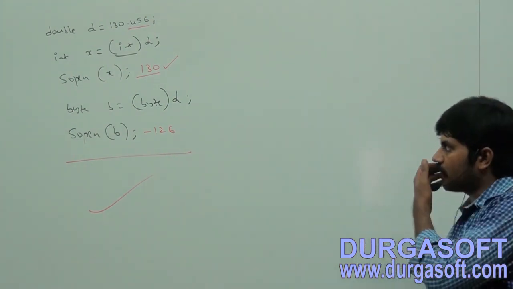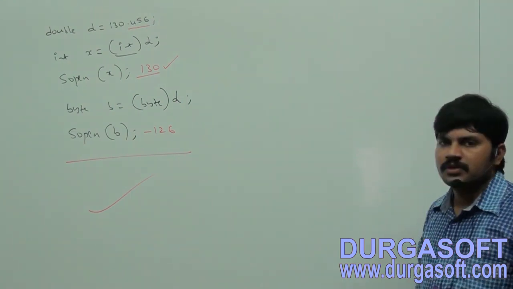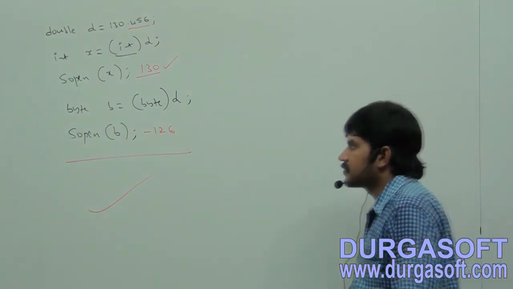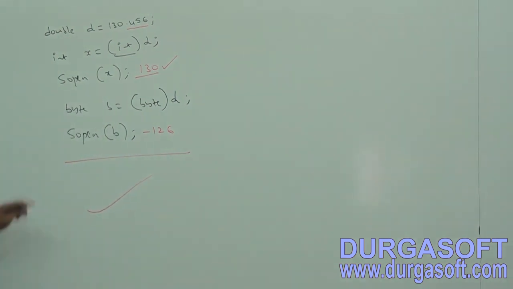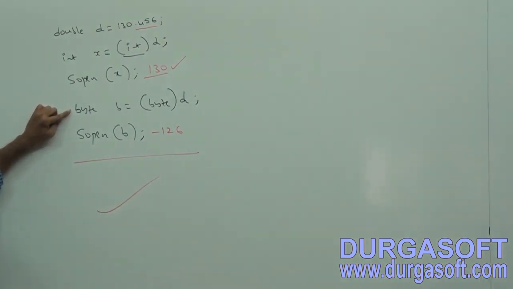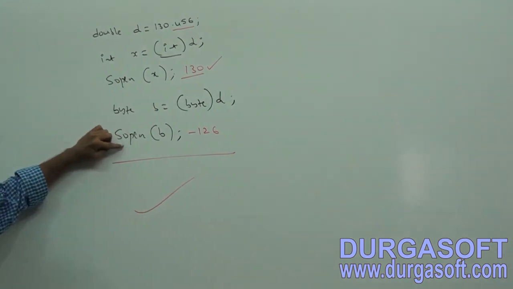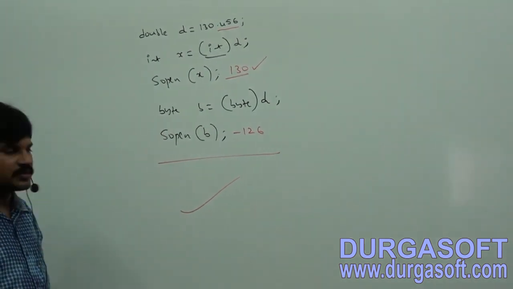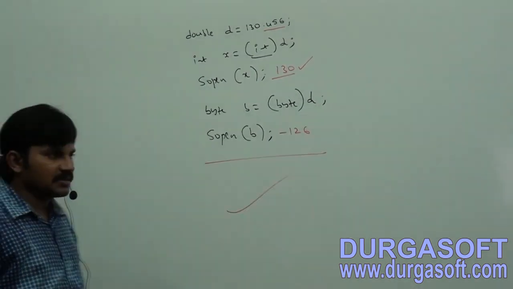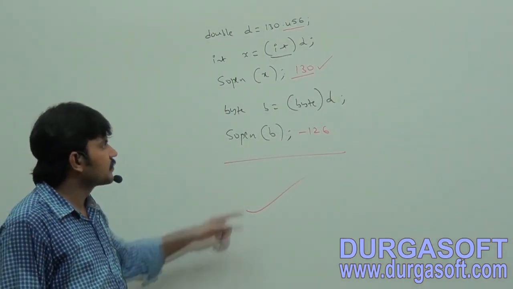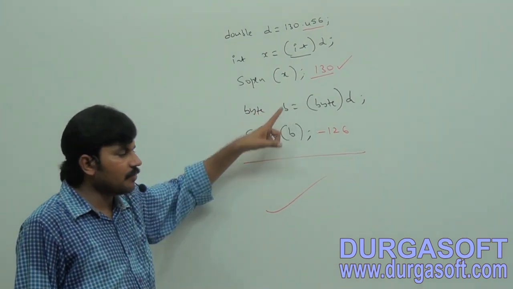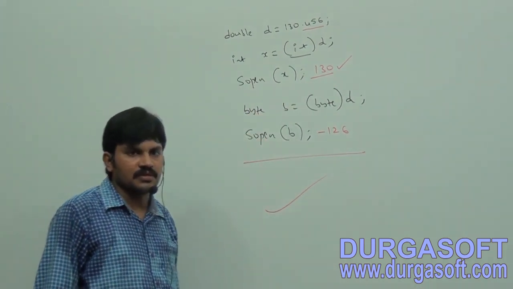The answer is 130. Next, byte b is equal to byte of d, SOP of b. The answer is minus 126. Clear, right? 130, minus 126. That's all.